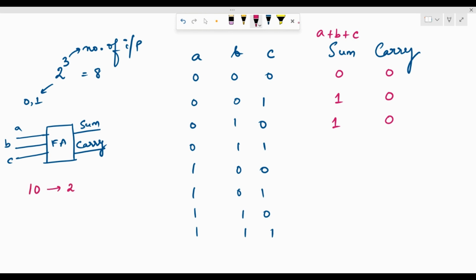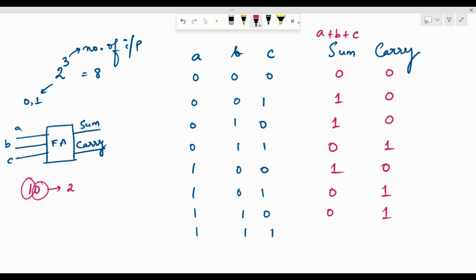So I have to put the 0 of this 2 in the sum position and the 1 of this 2 in the carry position. Next, again, 1 plus 0 is 1, carry 0. 1 plus 0 plus 1 is again 2, which means sum 0, carry 1. This is again 2, sum is 0, carry is 1.